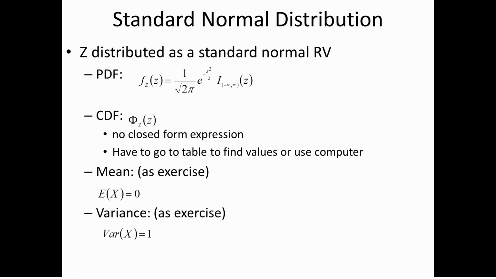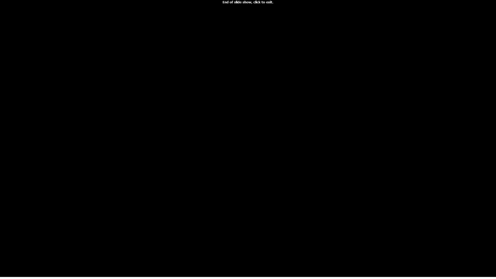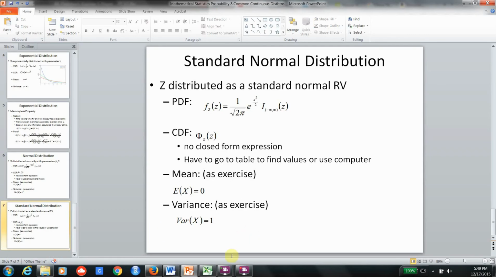Okay, and again, there's no closed form expression, but there are tables that we can use to find this. Okay, or we can use a computer package, and of course the mean is 0, the variance is 1. So it's very nice to work with theoretically also. Okay. All right, we're going to move on next and look at two random variables.